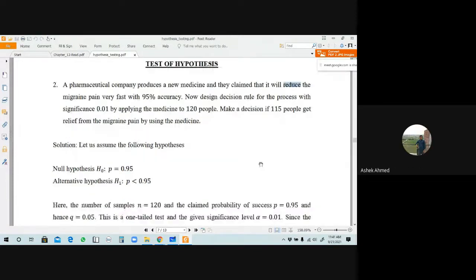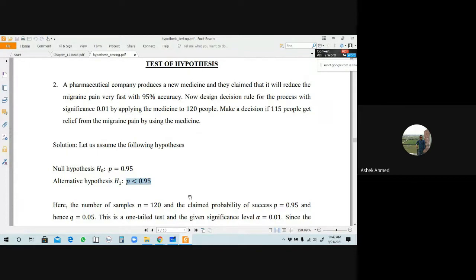Okay, so from here we have to define null hypothesis will be p equals 0.95 but alternate hypothesis, reduce আছে. Okay, that's why the alternate hypothesis will be p is less than 0.95. Okay, this is our main concept here. 95% accuracy, accuracy মানে কি approximate, okay, ওটা বাড়তে পারে কমতে পারে, but there has reduce the migraine pain is reduce করে, so the alternate hypothesis will be p is less than 0.95.